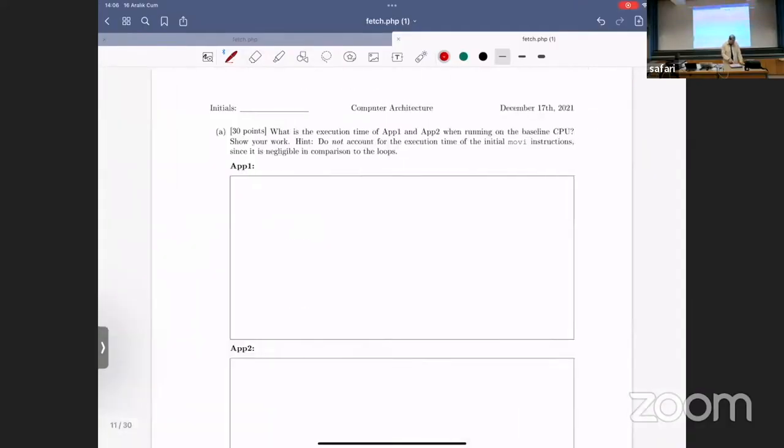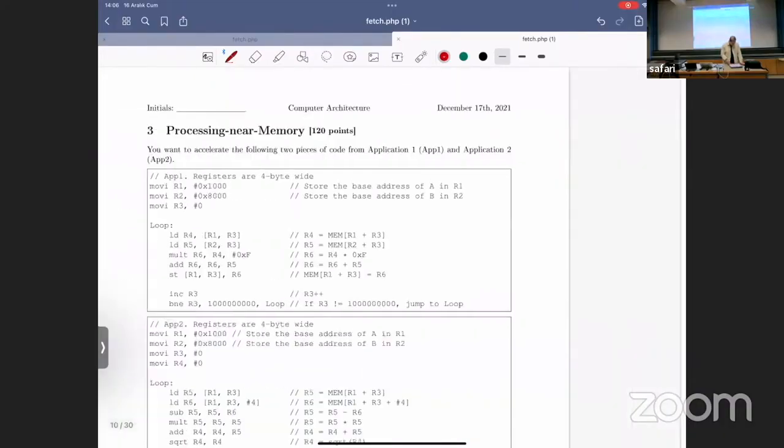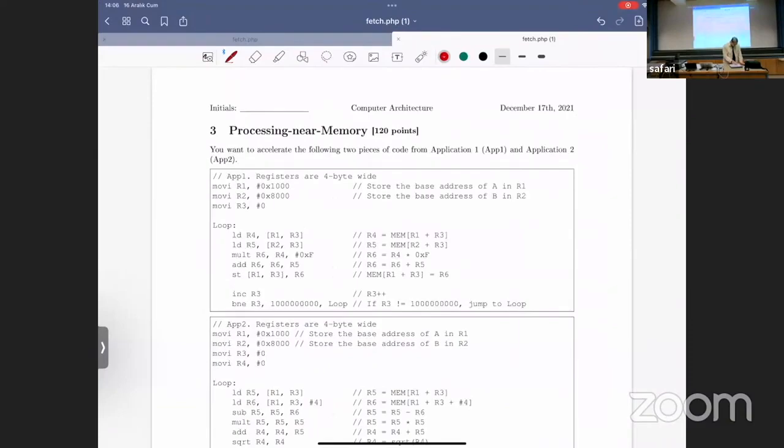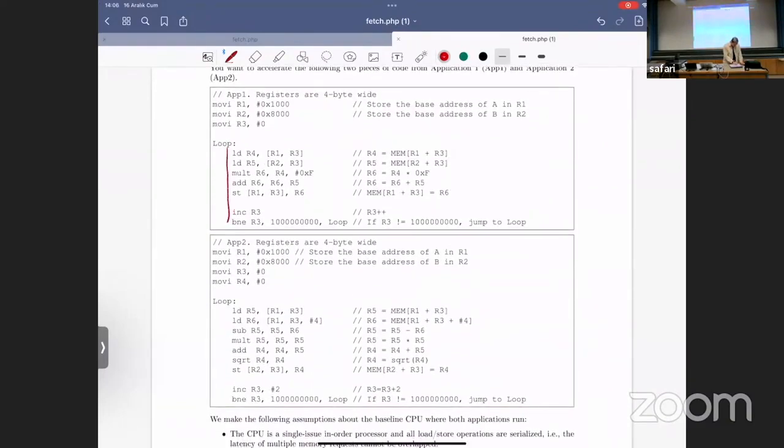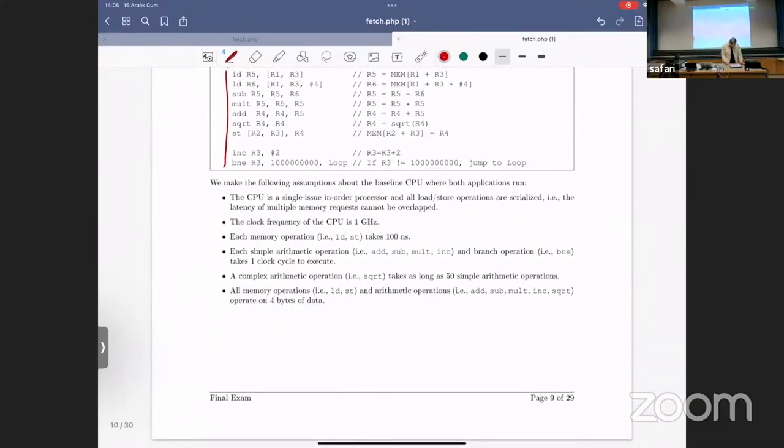The first part asks you what is the execution time of both of the applications when you're executing them on the baseline CPU, and you don't need to account for the time for these first few instructions over here. So it's just the time of the loop. Here it tells you that the CPU is a single issue in-order processor.